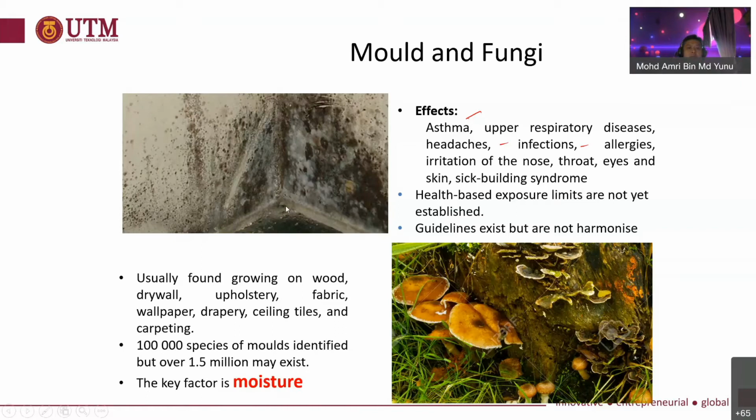To avoid mold, you can put water repellent paint, for example, mold repellent paint. They are available. You can use it, so that is a part of the engineering control.